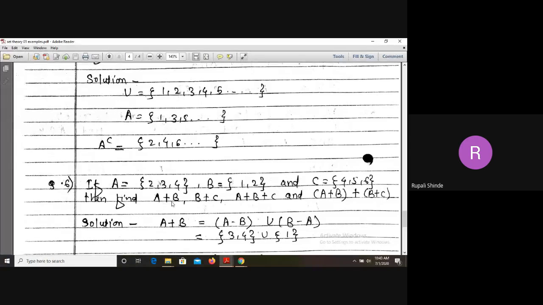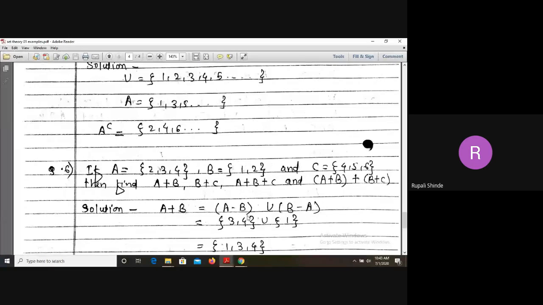First one is A plus B. First of all we have to write the definition for A plus B. A plus B is equal to A minus B union B minus A. This is the formula we have seen earlier for symmetric difference or Boolean sum. Now, what is the meaning of A minus B?